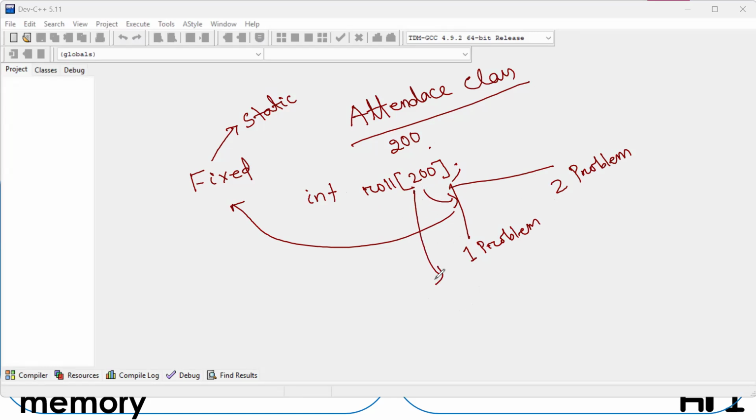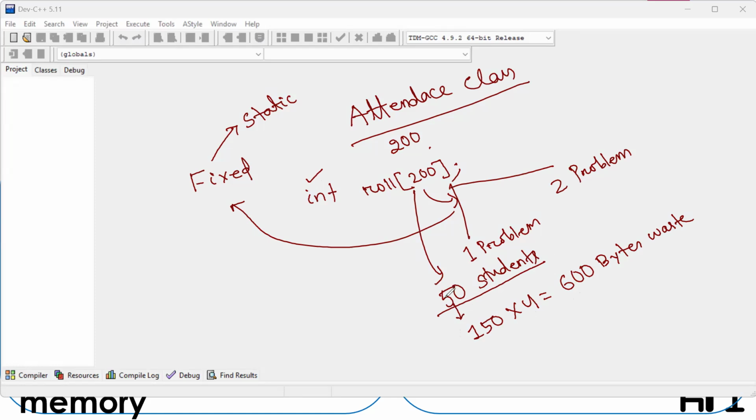Suppose this year around 50 students have taken admission. So out of 200 blocks, only 50 blocks I'll use. The rest, 150 blocks, and as the size of an integer is 4 bytes, that means 600 bytes of memory wastage. That is problem one.